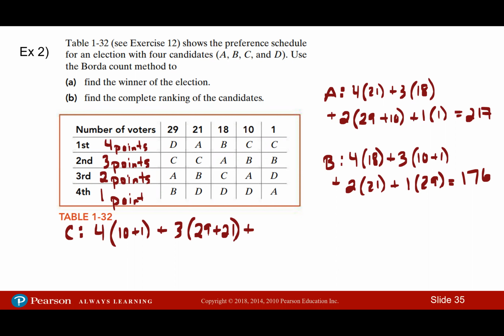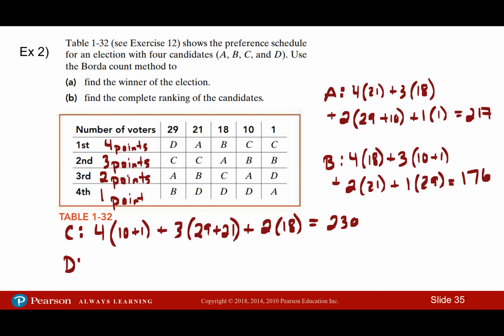We're looking at C again. C came in third once with 18 points. Notice that C is never in last place, so there's never a 1 pointer for C. If you add those up, you get 230. Looks like C may be our candidate.